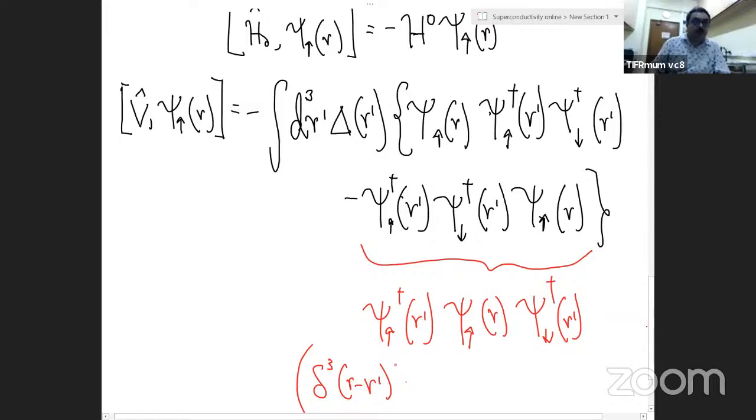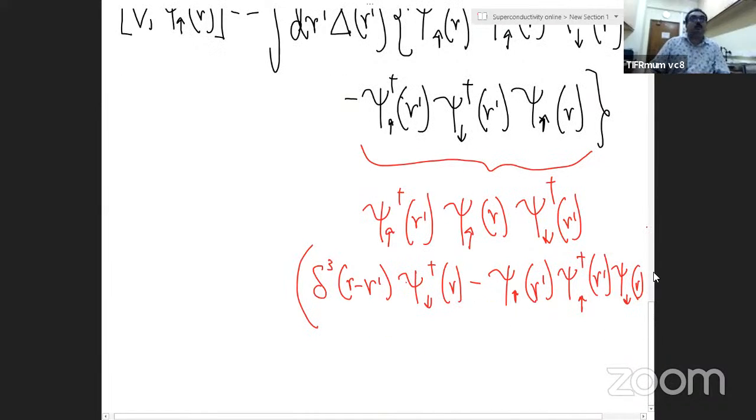I am applying the commutation relation on this. So the last term remains as it is, minus psi up R prime, psi up dagger R prime. Yes, that makes sense.